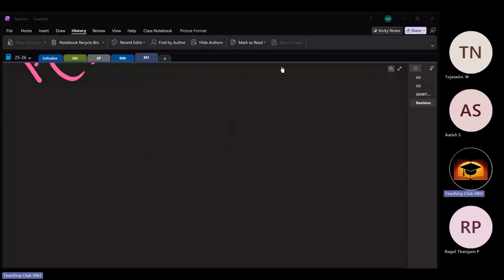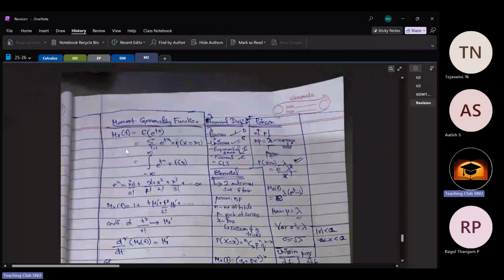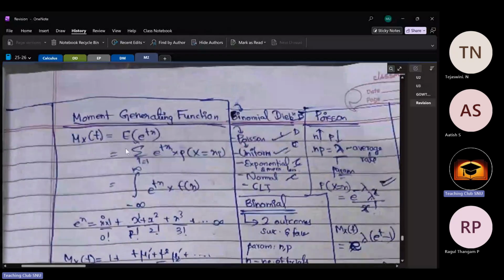Just give me a second. Yes. This is one of the formula sheets I made when I learned this concept.